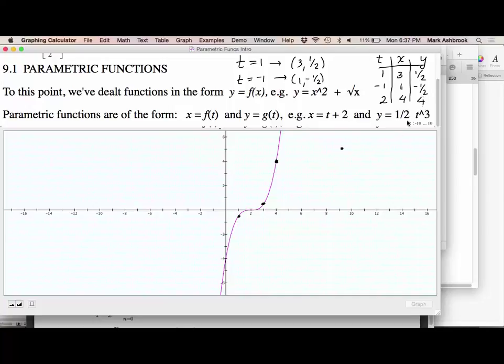Okay, so for increasing t, then, we have something new here that we didn't have before. For increasing t, the points plot in a direction. So the direction of the curve.